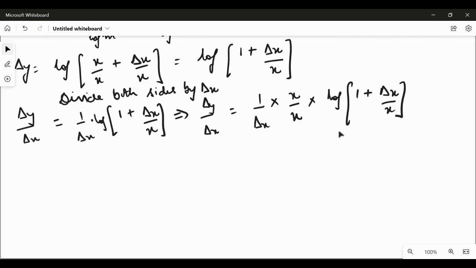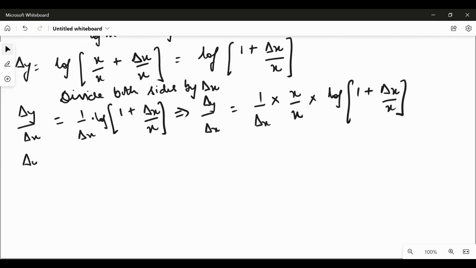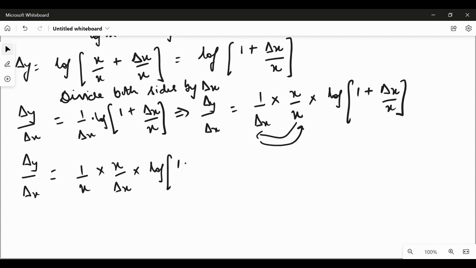Then delta y by delta x is equal to 1 by x into x by delta x, multiplied by log of 1 plus delta x by x. I have just interchanged the values, as there is a multiply sign in between. So no change in anything. If we cancel x and x, we get 1 by delta x multiplied by log of 1 plus delta x by x.